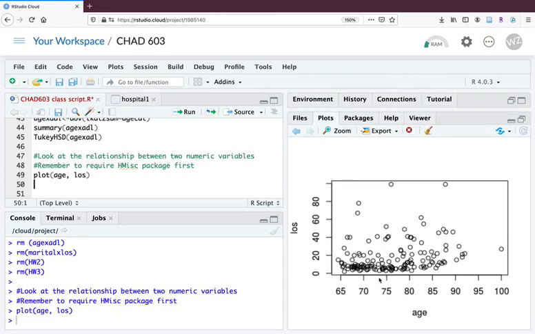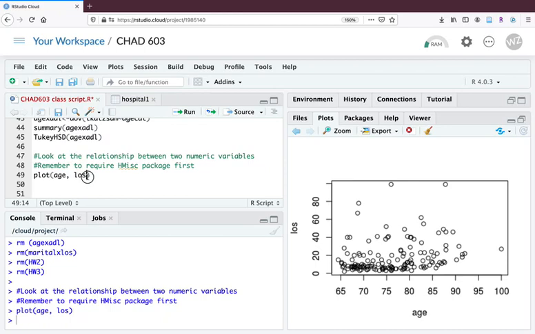You'll see that we have, as we had seen with length of stay, a lot of clustering at lower ages. See, this is patient age, and this is length of stay. Now, again, we can annotate this with main labels, x-axis labels, and y-axis labels.